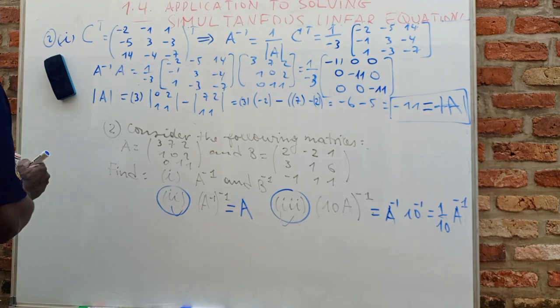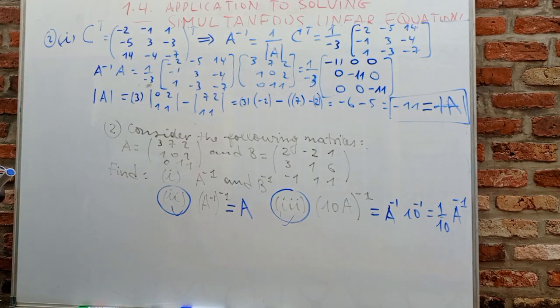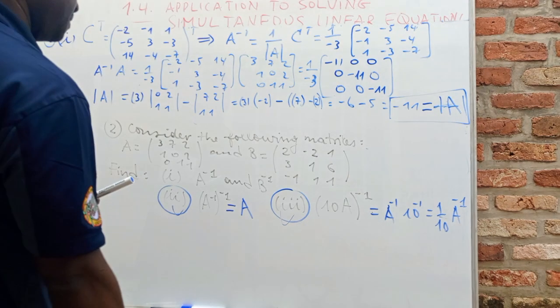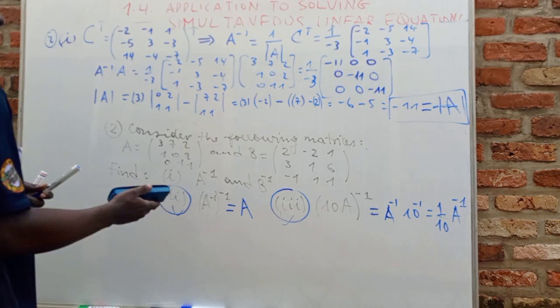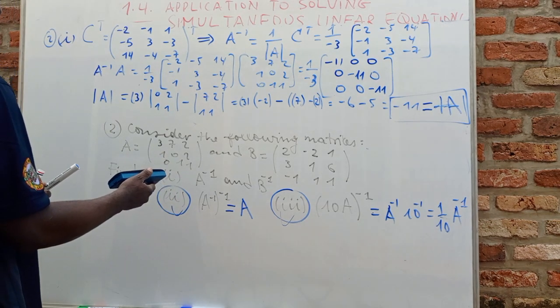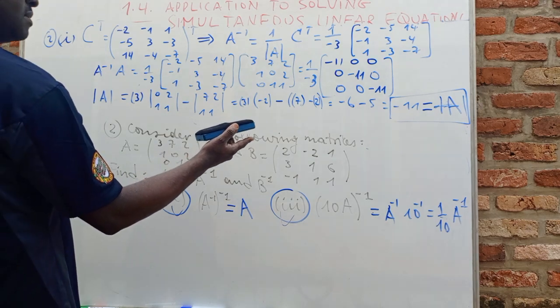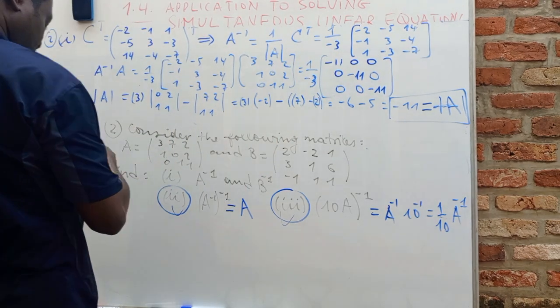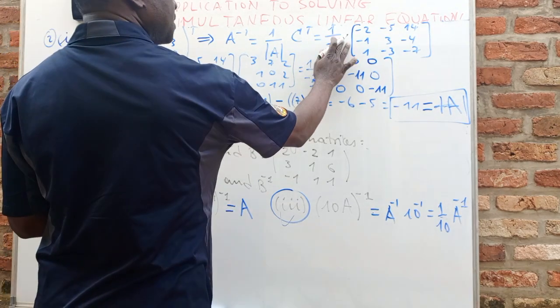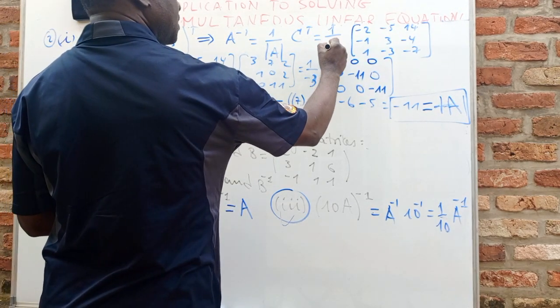Okay, so now from this activity, we can correct this mistake. It should be negative 11.